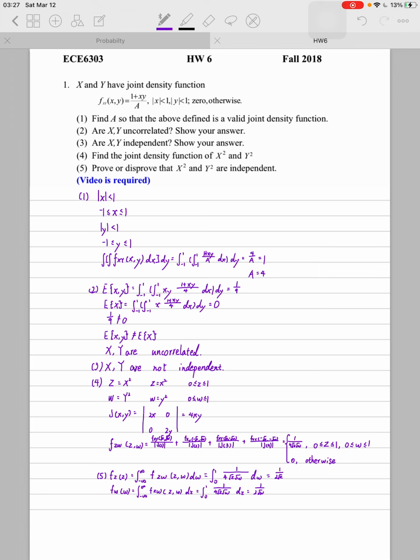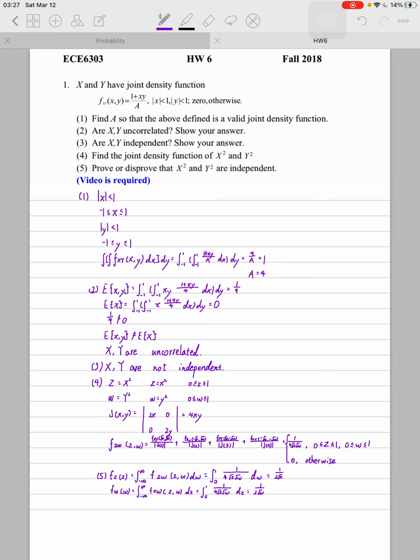For question 4, find the joint density function of X squared and Y squared. So we can set Z equals X squared, where Z is larger than 0 and smaller than 1.